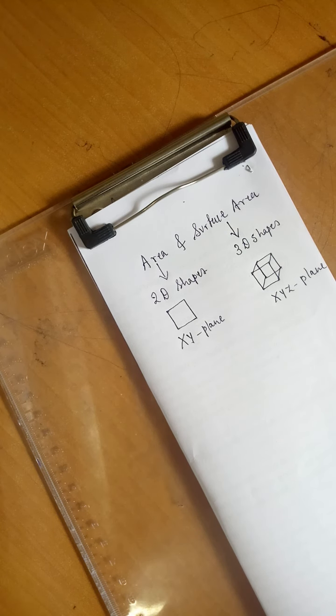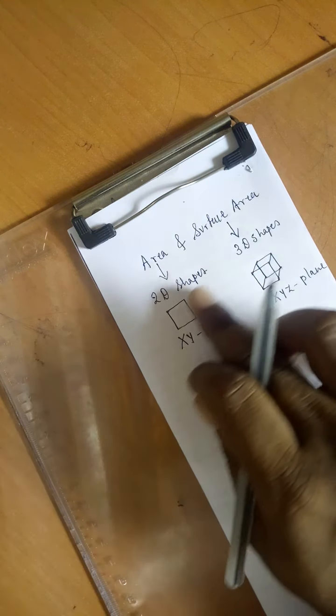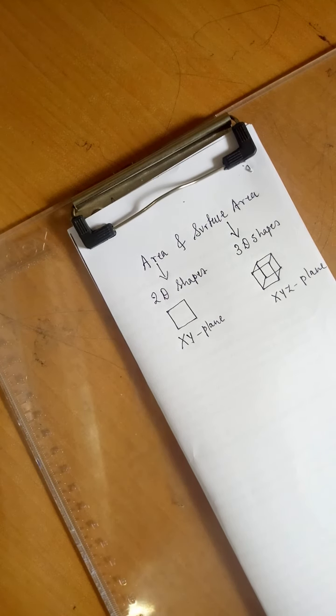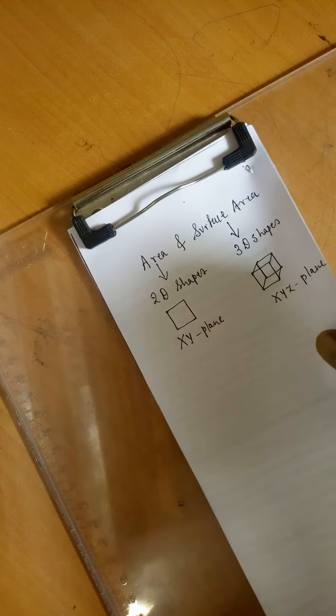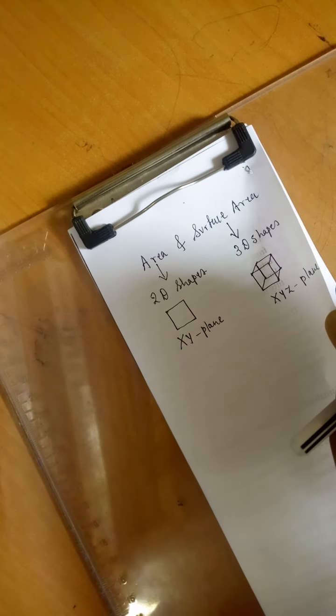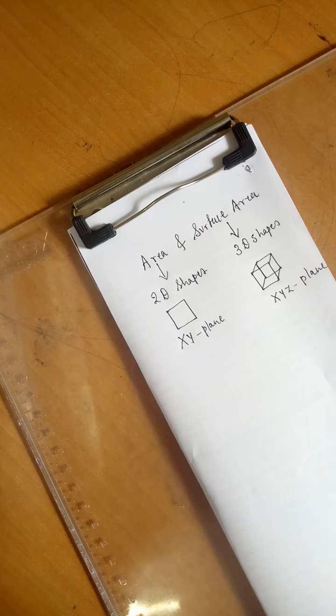The very easy way to differentiate between 2D and 3D: the things which you can only touch are 2D shapes. The thing which you can hold, if I hold this page, this is 3D.